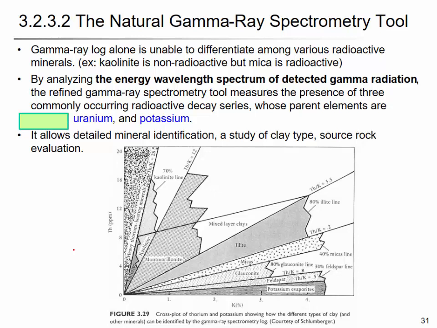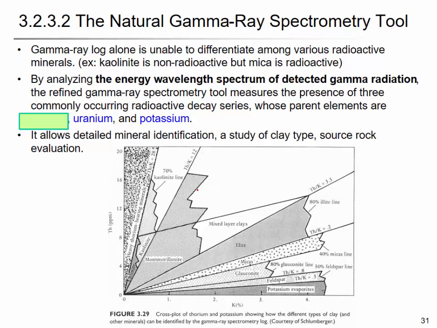Okay, this alone cannot differentiate the radioactive minerals, but you can use it to differentiate kaolinite from mica, because kaolinite is non-radioactive and mica is radioactive. To analyze it more specifically, they analyze the wavelength spectrum.